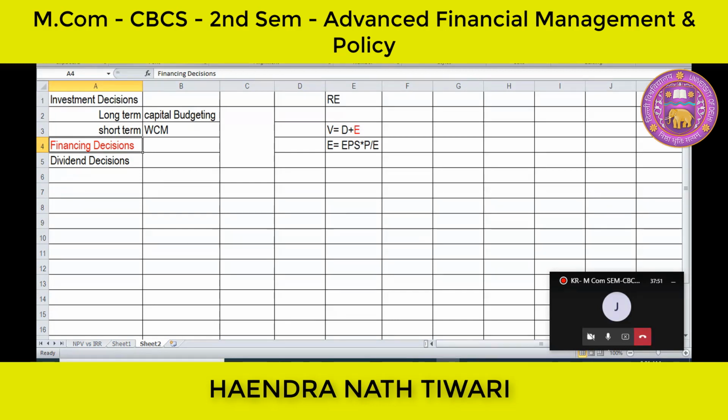The job of the fund providers is to provide the funds, and of course monitor, because it is their money which is getting invested, so it should not get wasted. If the managers are not monitored properly, they will take decisions which will benefit them more as compared to the fund providers.